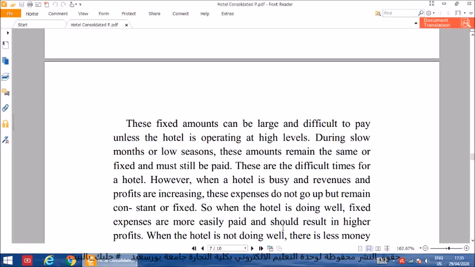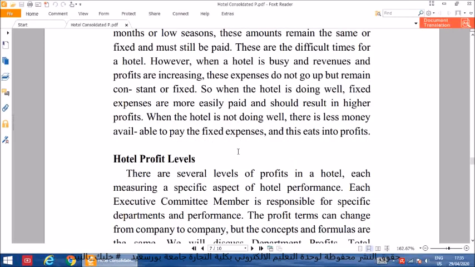However, when a hotel is busy and revenue and profits are increasing, these expenses don't go up but remain constant or fixed. So when the hotel is doing well, fixed expenses are more easily paid and should result in higher profits.